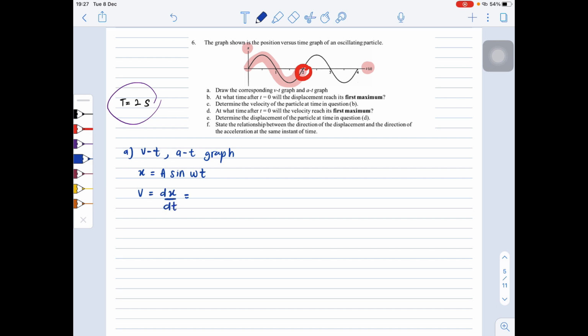So we need to differentiate this equation of x here, which will be equal to A omega, sin differentiate akan jadi cos omega t, and for acceleration kita akan differentiate dv over dt, which is equal to A omega squared, cos differentiate akan jadi negative sin, so negative kita letak dekat depan, sin omega t.